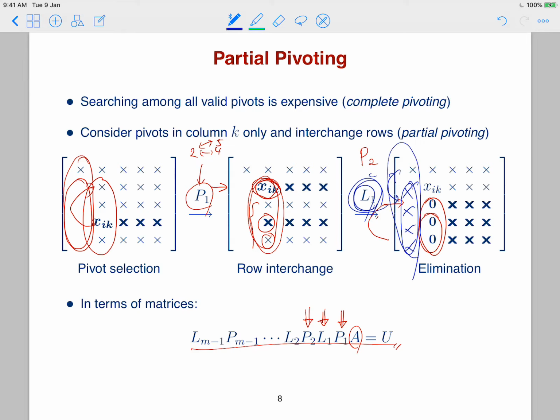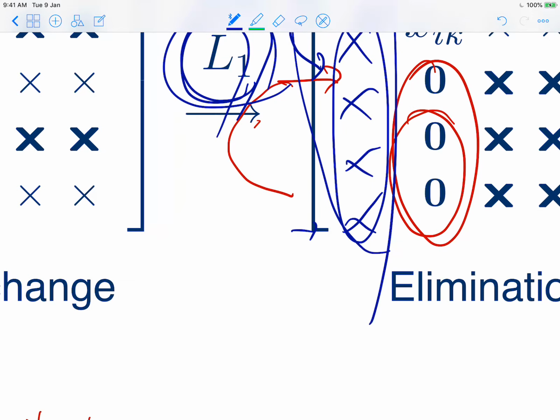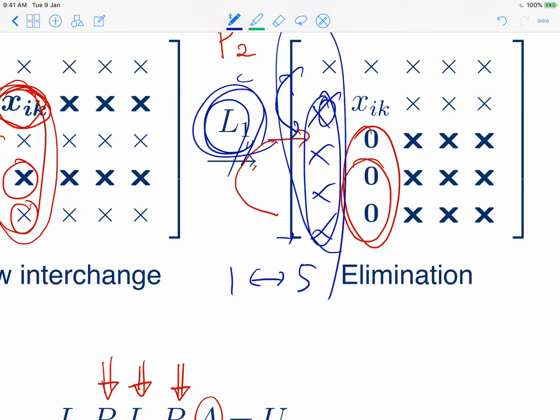If the largest element was in the fifth row, then P1 would correspond to changing the rows between the first and the fifth row, right? And then what about P2? Once introducing zeros, we look at this part, and suppose we identify this guy as the largest one, and then we just interchange between the second and the fourth. So this is our P2, right?